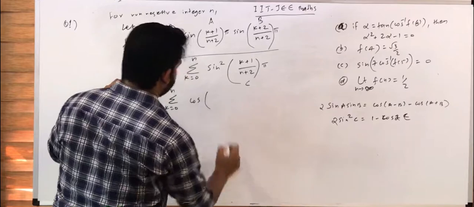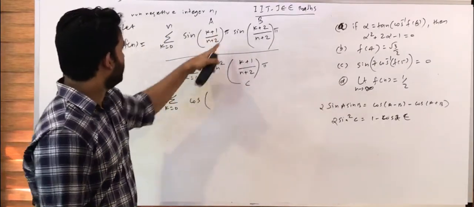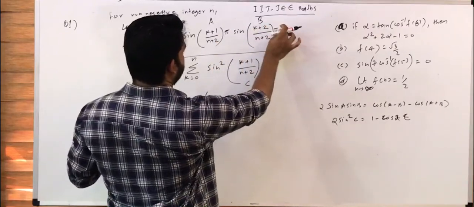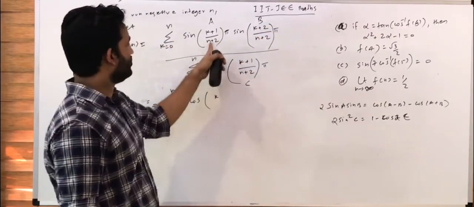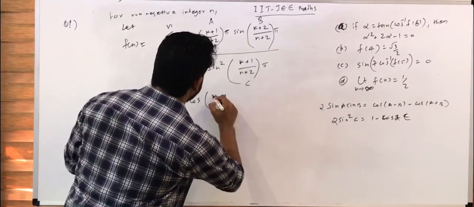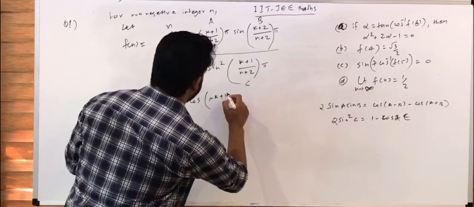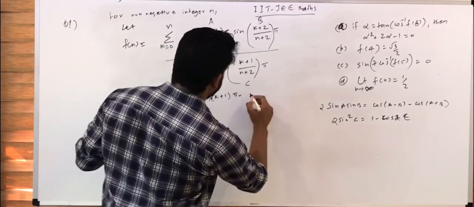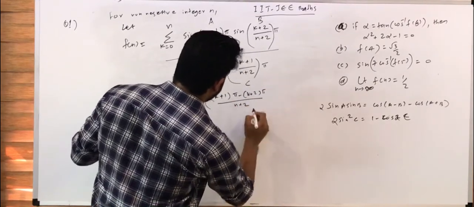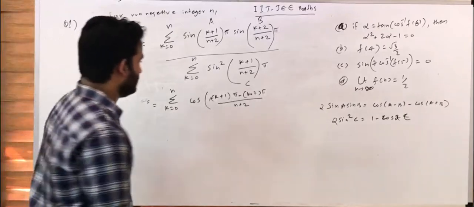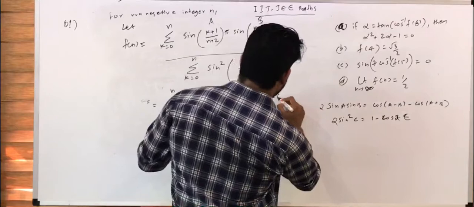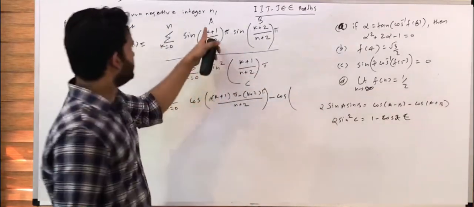So first, the sum, k varies from 0 to n, of cos of, what is a here, k plus 1, b here, k plus 2, by n plus 2 into pi. Here the denominators are the same, so I just take the difference of numerators, that is k plus 2 minus k plus 1, into pi divided by n plus 2, minus cos of a plus b.